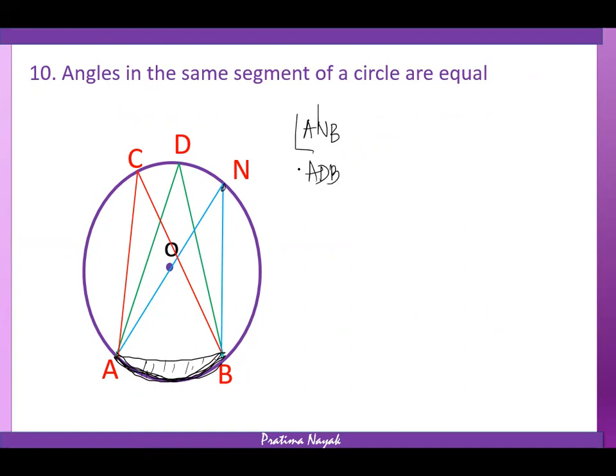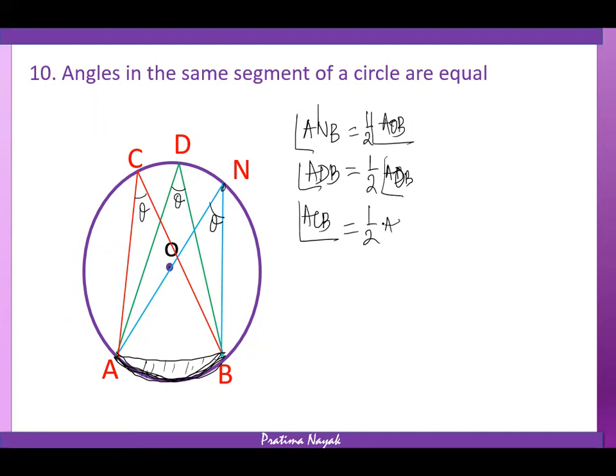On AB I'm getting angle ACB. According to this concept, these are all equal. You have seen it, you have proved it, because all are half of AOB, since the angle at the center is double the angle at the circle. This is also half of AOB. So all are equal to each other. So ACB is equal to ADB is equal to ANB.